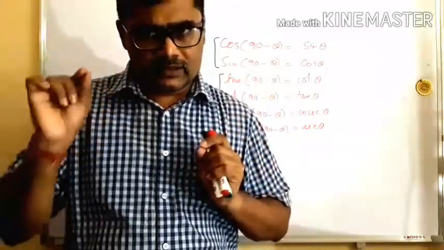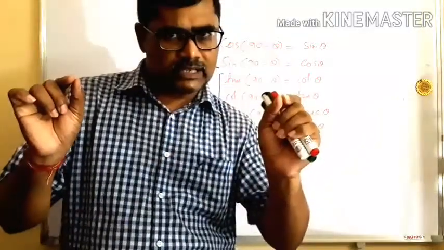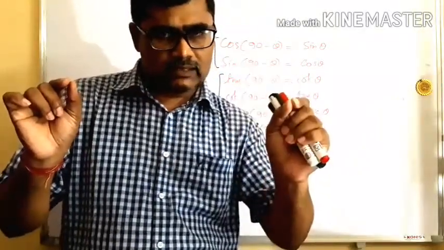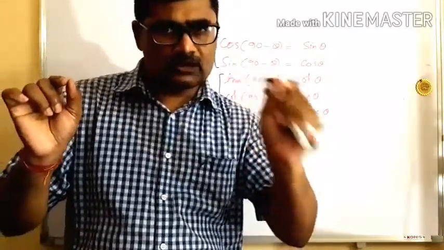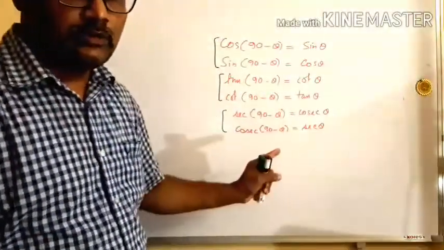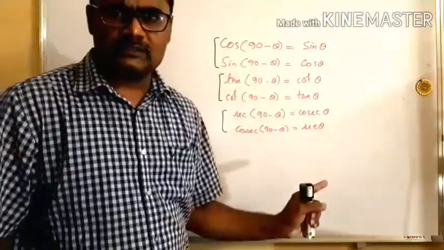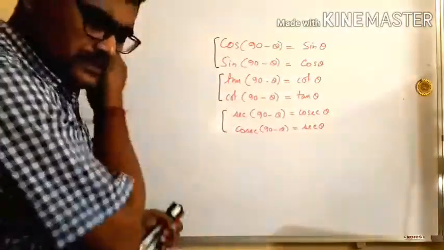Meaning, if this is theta, right side of the equal sign should contain 90 minus theta, and if this is 90 minus theta, then this should be theta. Great. So these two are the points. Now you will be able to easily comprehend this, and you will remember forever. At no cost you will forget, right?